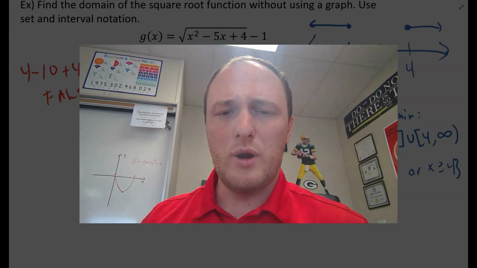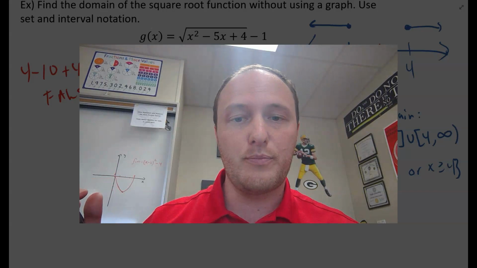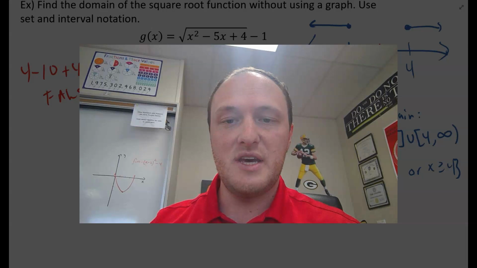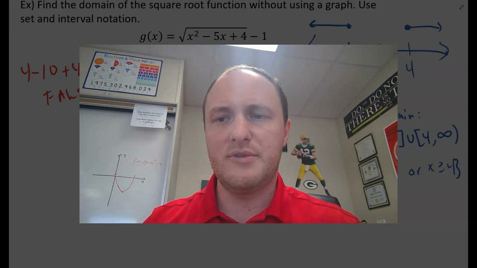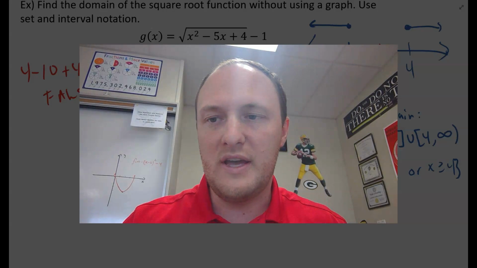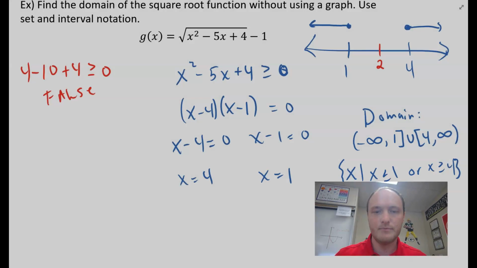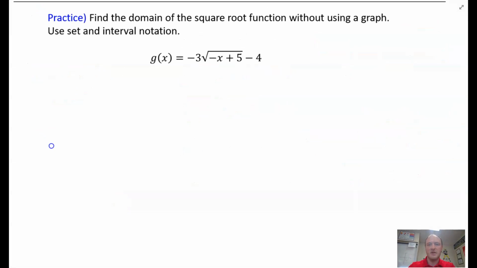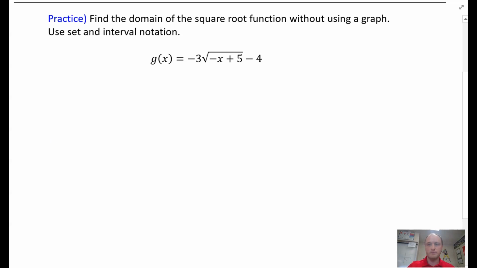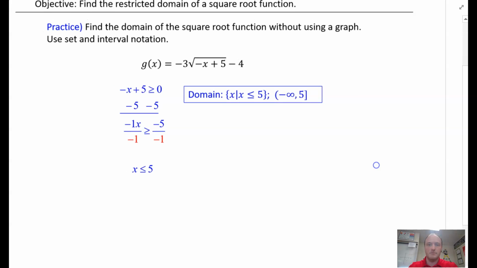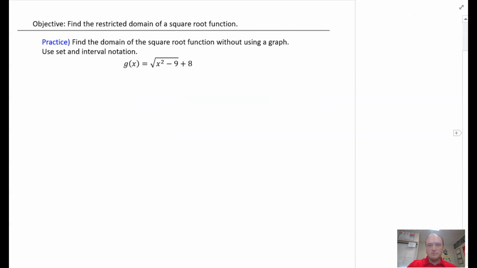What I'm going to do right now, I have practice problems. You can look at these problems, pause, and then attempt them. Go ahead and look at these practice problems. Here is the solution. Here's the next practice problem.